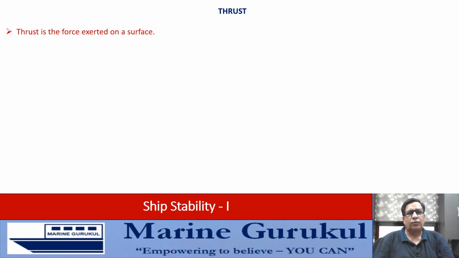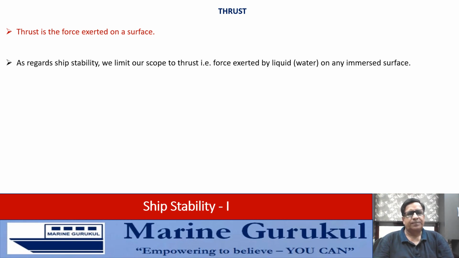Thrust is the force exerted on a surface. That means total force experienced by the surface is referred to as thrust. As regards ship stability, we limit our scope to thrust, that is the force exerted by the liquid or the water on the immersed area or the immersed surface.